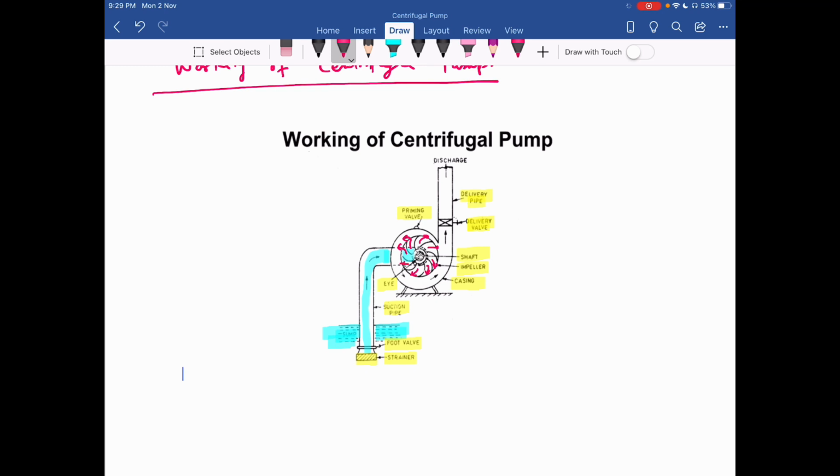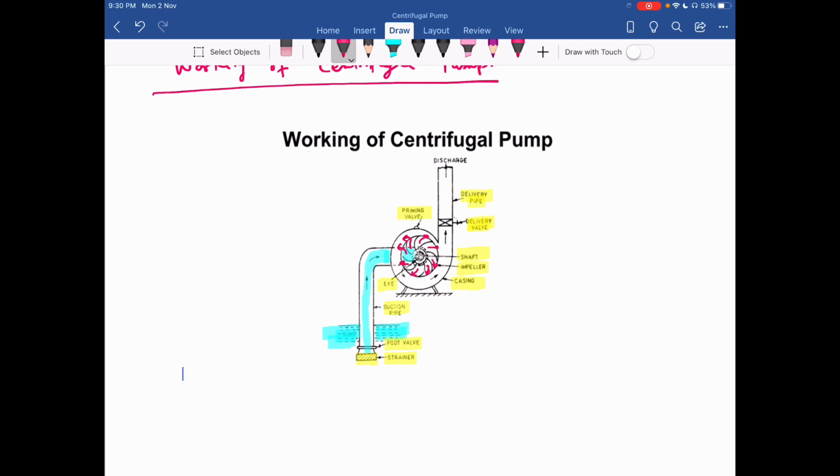Okay. So that is along the periphery towards the outlet. So water is coming out now under the effect of centrifugal force. My impeller rotates. Due to the rotation of that impeller, the centrifugal force is acting on the water which is coming into the impeller.